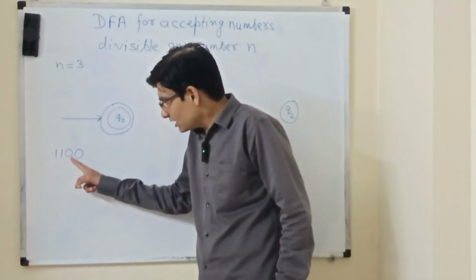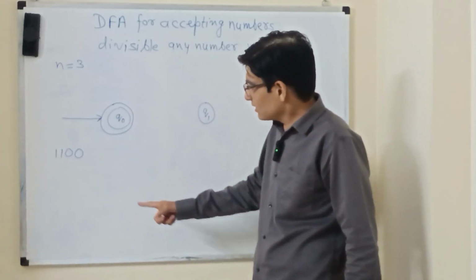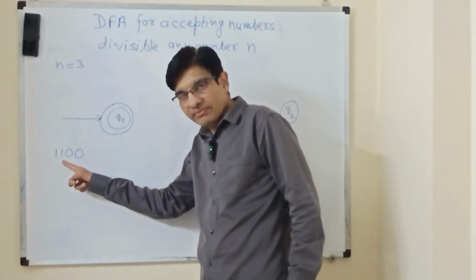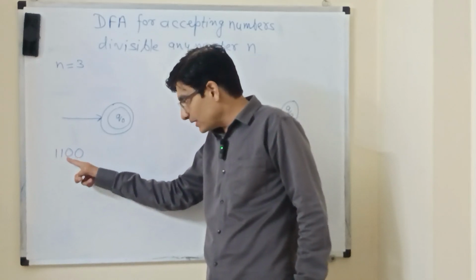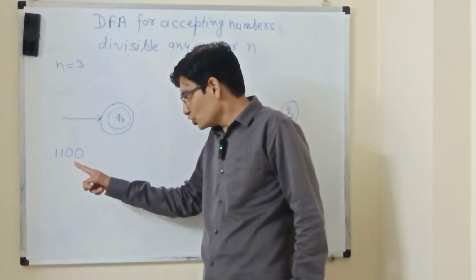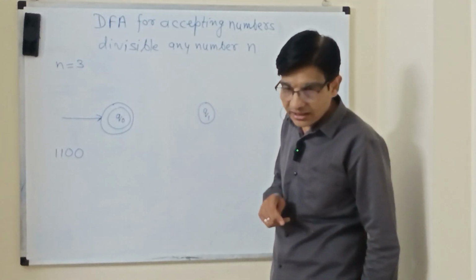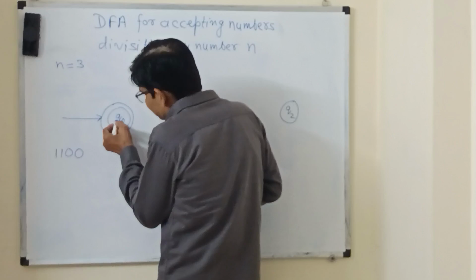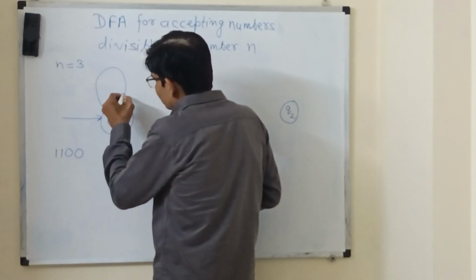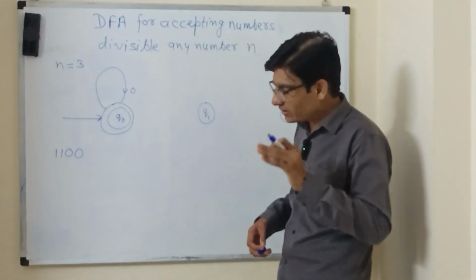That means it would be 12. This 6 was divisible by 3, and we applied 0 on this number, so we have another number that is again divisible by 3. So on applying 0, we stay in the same state.